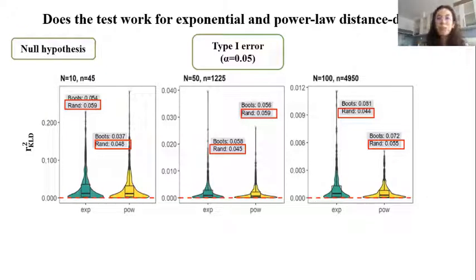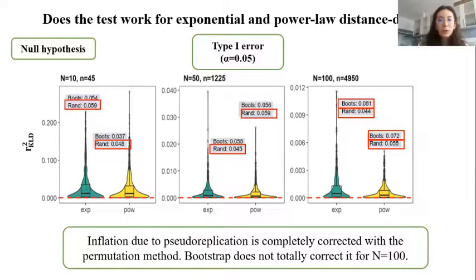The type 1 error was correct. The bootstrap did correct it too, except for the larger sample size, in which it was a bit high. So what we can affirm is that at least if we combine the test with permutations, we are able to correct the type 1 error, avoiding the effect of pseudo-replication.